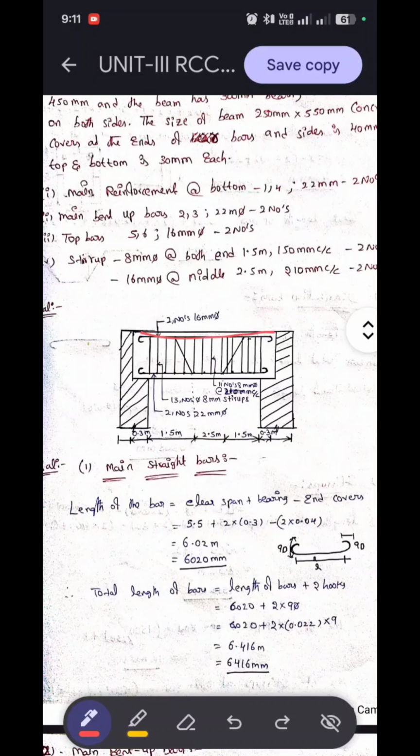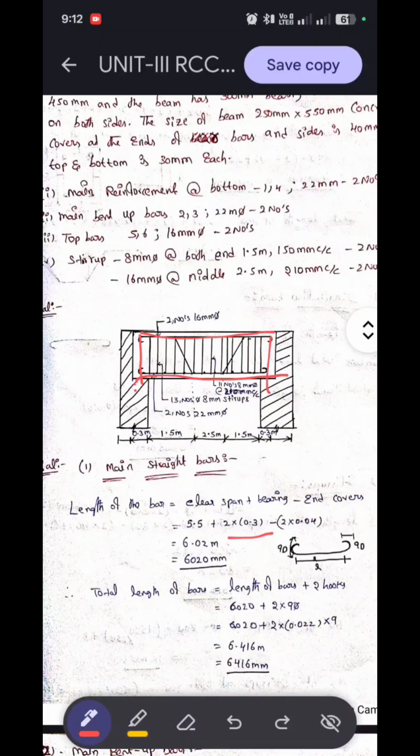The beam length is 5.5 meters plus 2 into bearing 0.3, minus the covers, so minus 2 into 0.04. The side cover was 40 mm, converted into meters that is 0.04, for both sides 2 into 0.04. So the value is 6.02 meters.